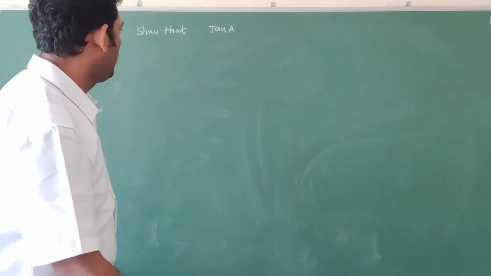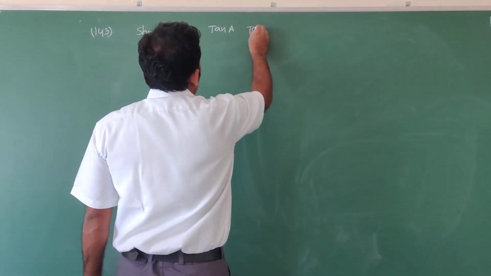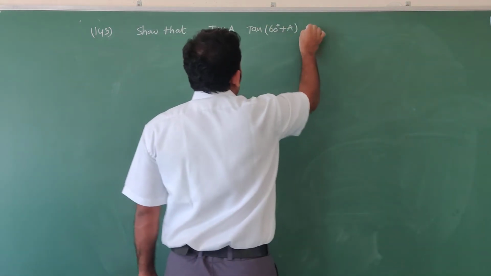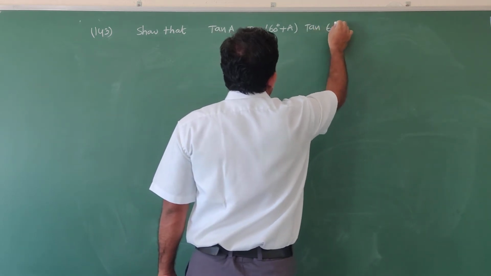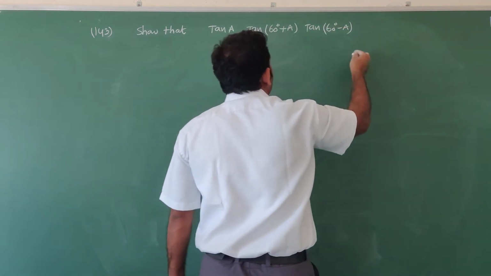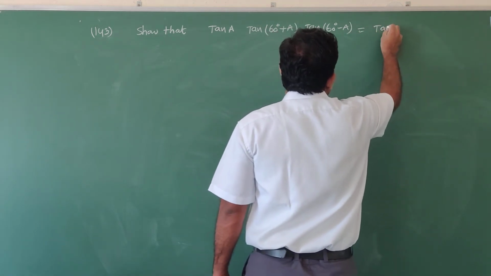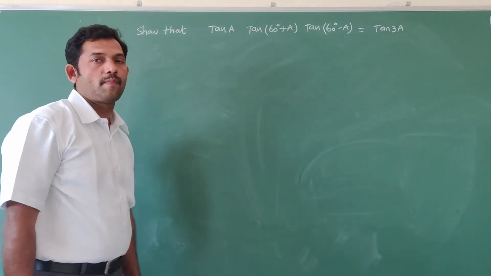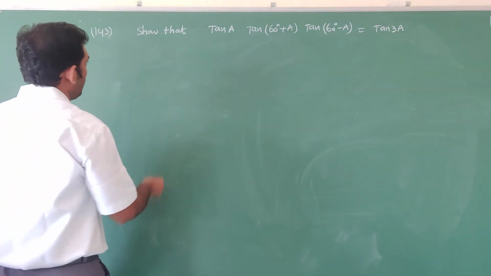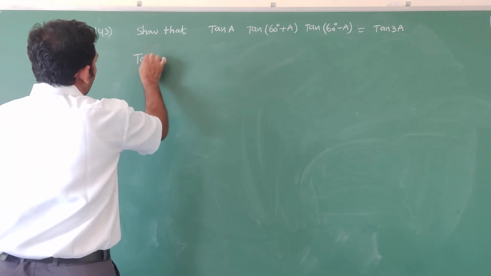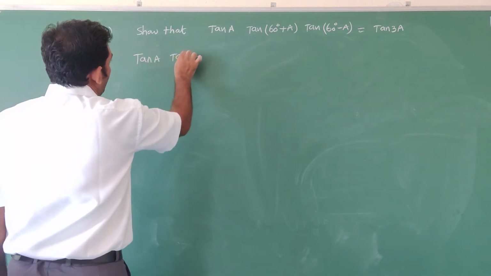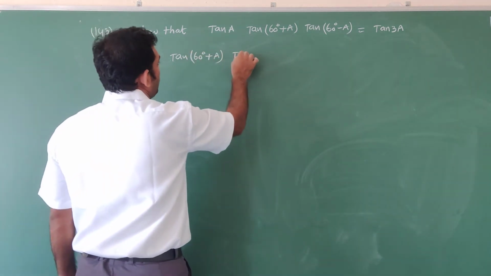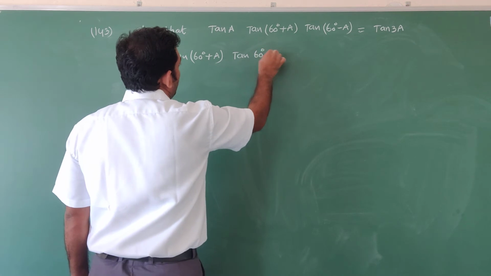Show that tan A tan(60 degrees plus A) tan(60 degrees minus A) equal to tan 3A. So take the LHS value: tan A tan(60 degrees plus A) tan(60 degrees minus A).